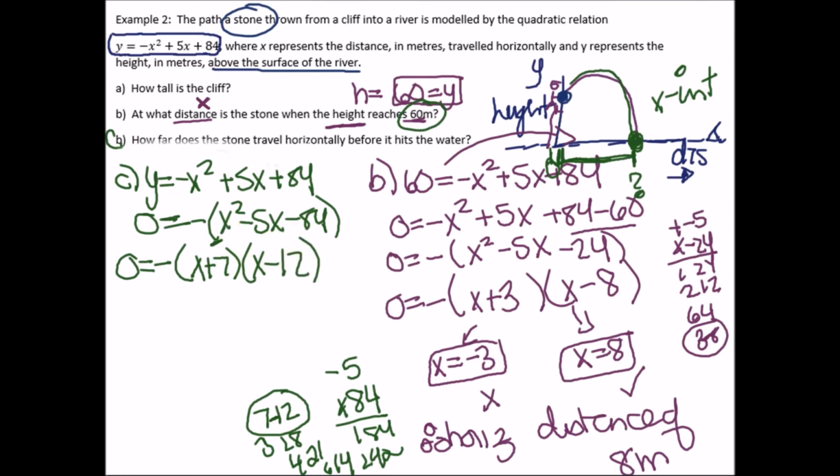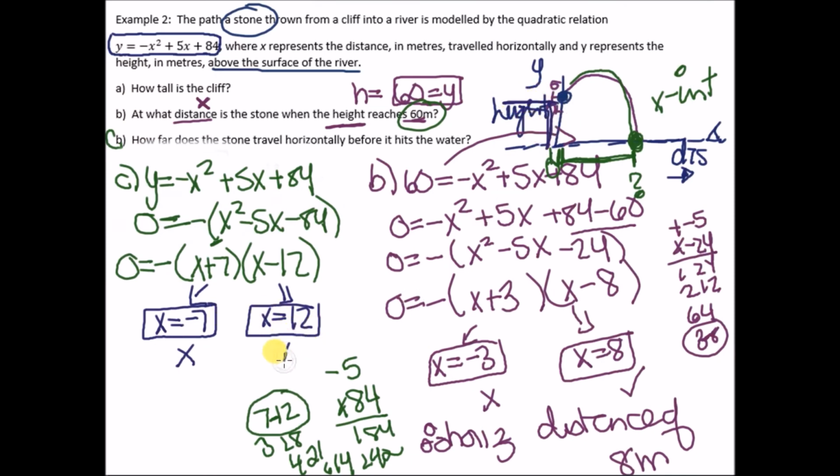So what are the two x-intercepts? I get x equals negative 7 and x equals 12. Here's the thing: can we be at a horizontal distance of negative 7 when it hits the water? No, because if you threw behind him, it would probably be on this cliff.